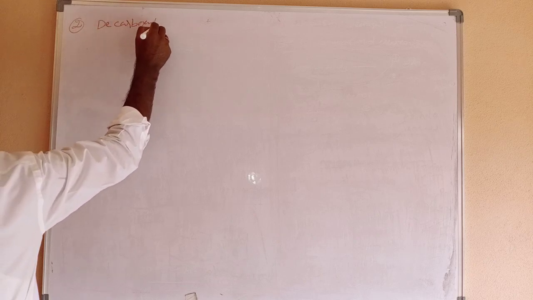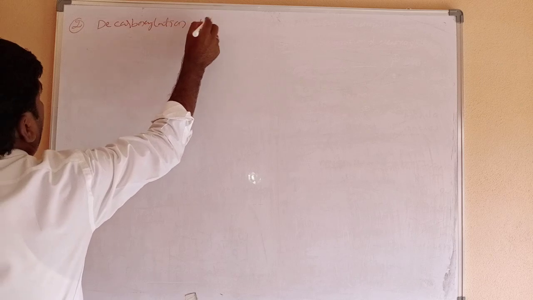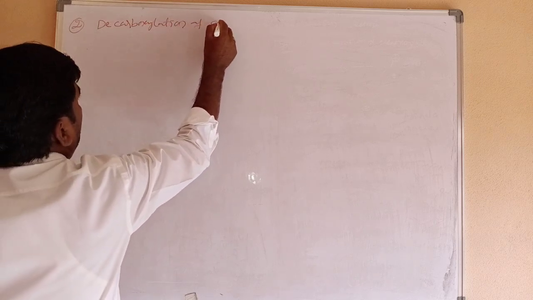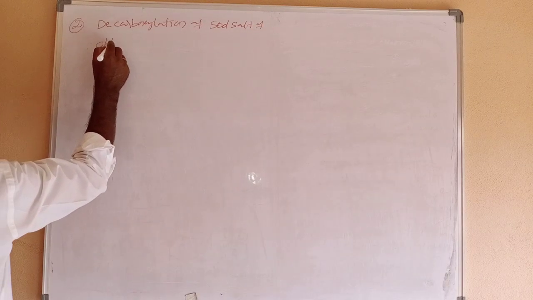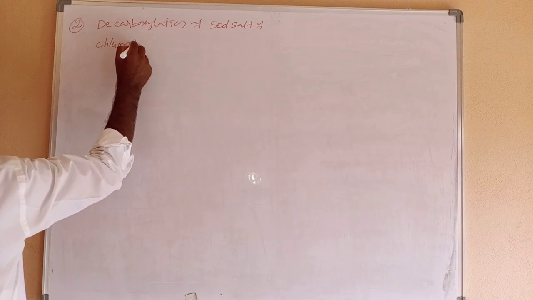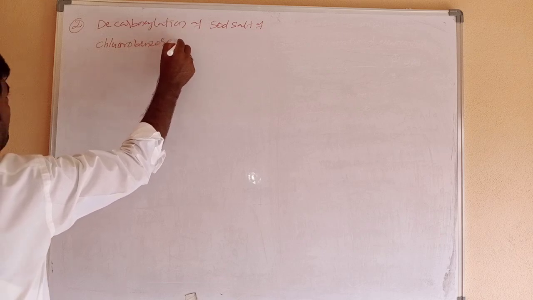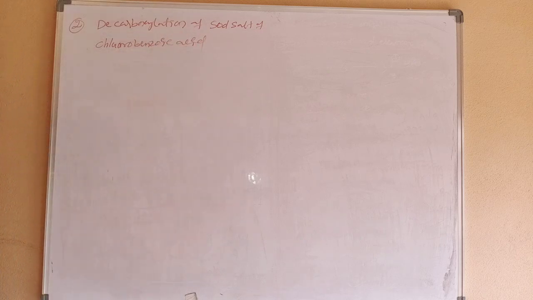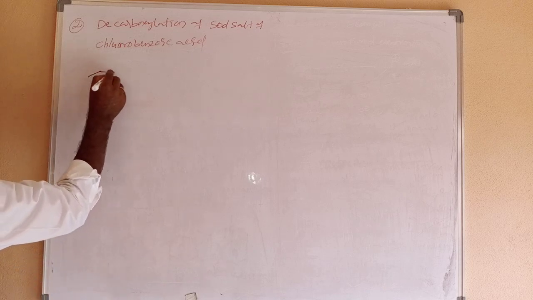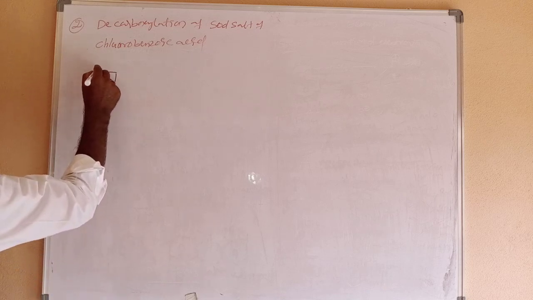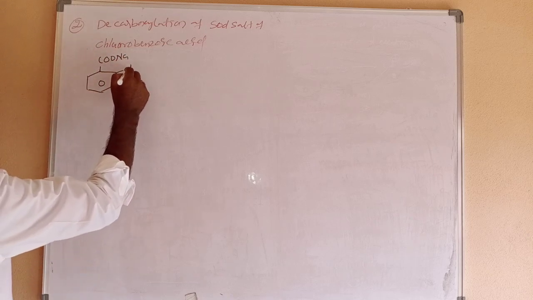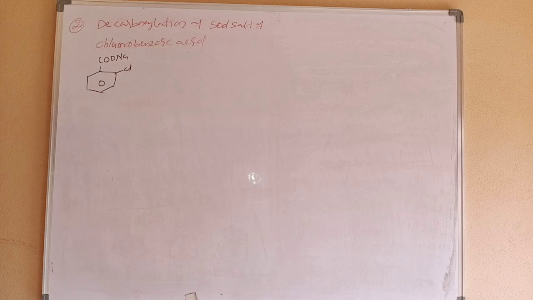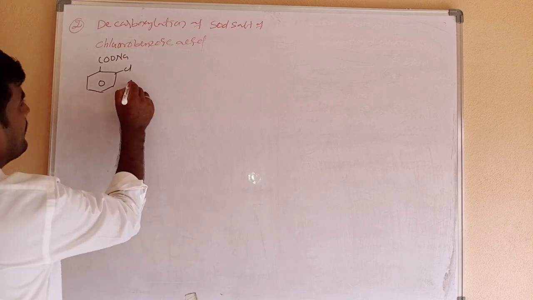Next one, decarboxylation of sodium salt of chlorobenzoic acid. Here, the sodium salt of chlorobenzoic acid, COONa, is heated with soda lime.